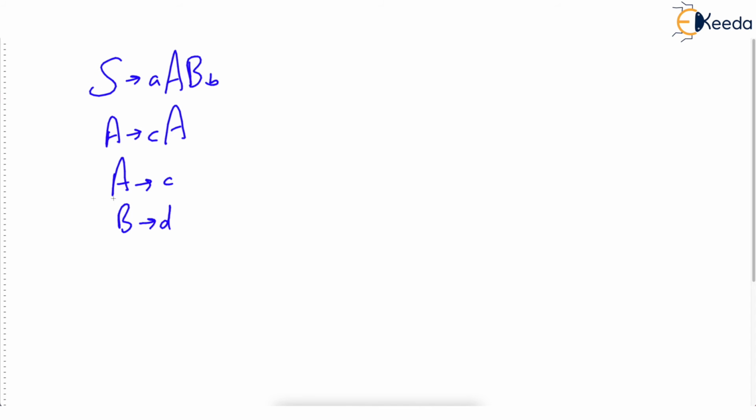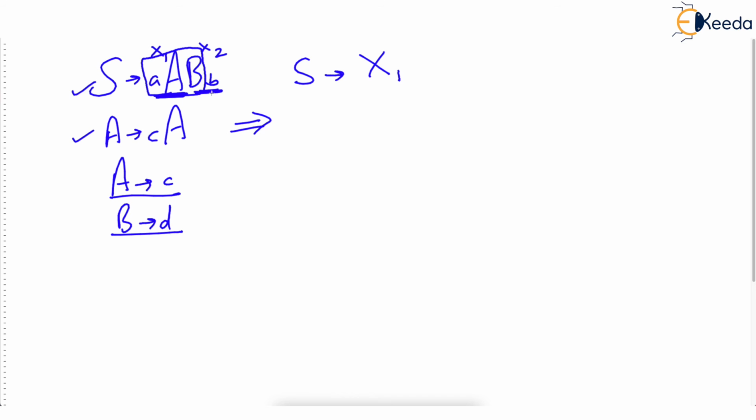Now we know that these two are in CNF already, but these two aren't. So last time we called this AA x1 and this BB x2. But this time, what you can do is say S derives, and call these three symbols together x1, and x2 remains to be B. Just check what x1 is now.